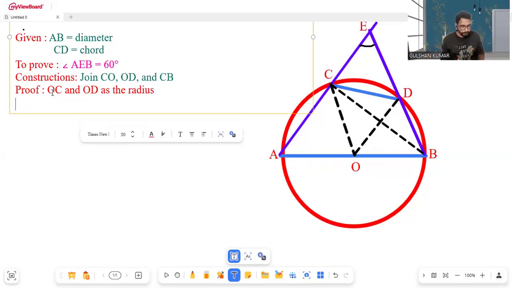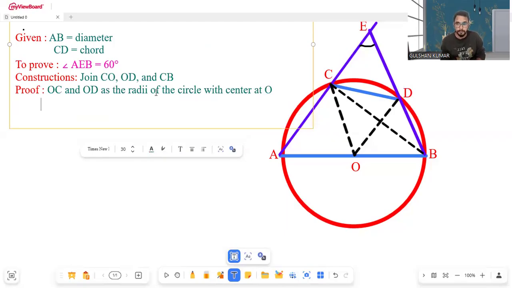Okay, we have radius here. Both are the radii of the circle with center at O.